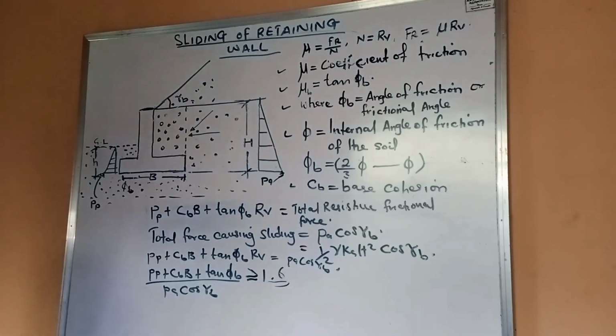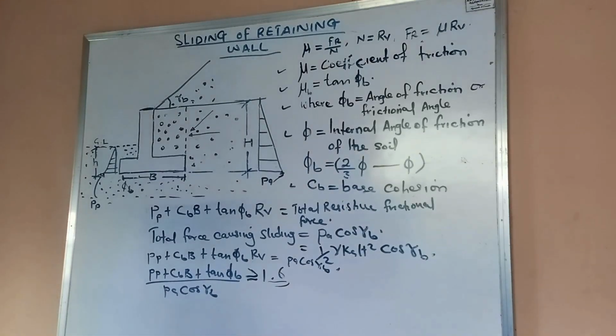Now we're going to look at the sliding of the retaining wall. In calculating the sliding, we are going to look at some of the parameters that are needed in the analysis of the sliding action of the retaining wall.